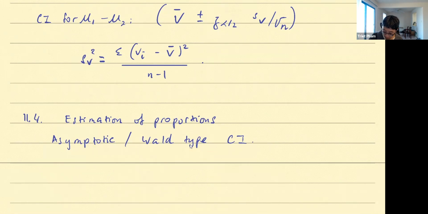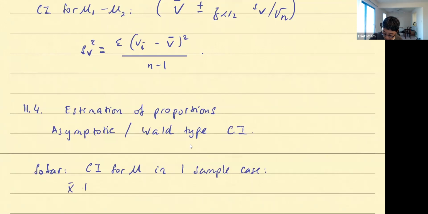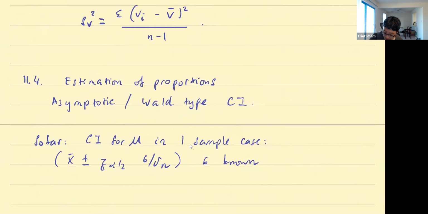Roughly speaking, the confidence interval for mu in the one sample case would be X bar plus minus z alpha over 2 times sigma over root n, if sigma is known, and X bar plus minus t_{n-1, alpha over 2} times S over root n if sigma is unknown.